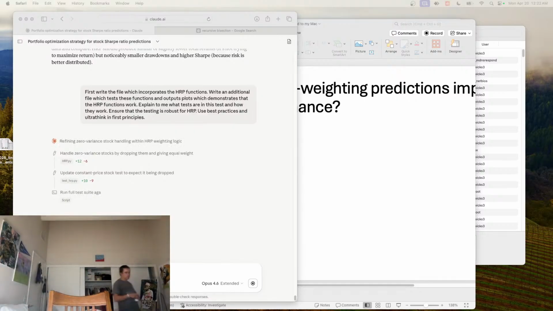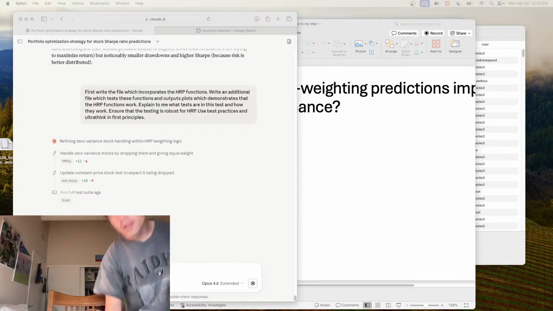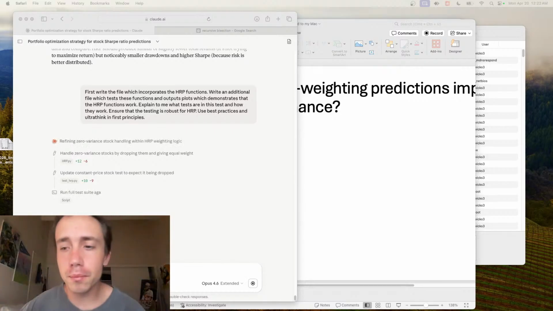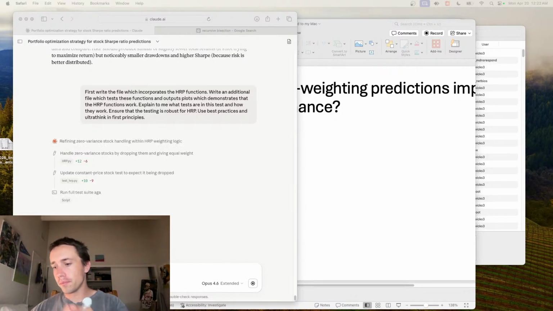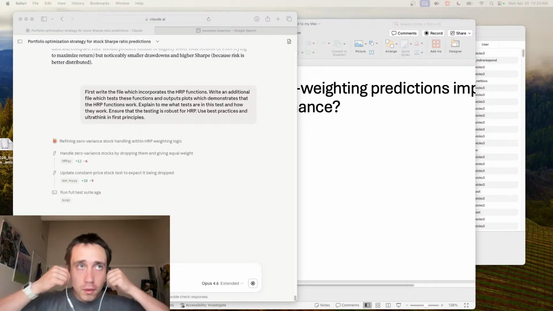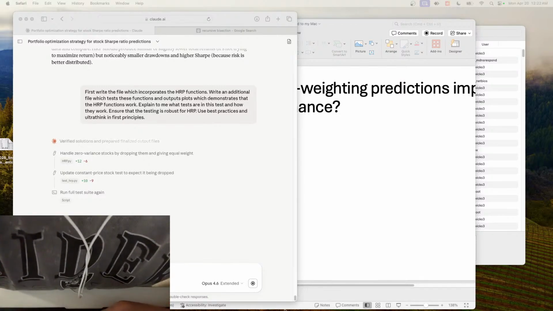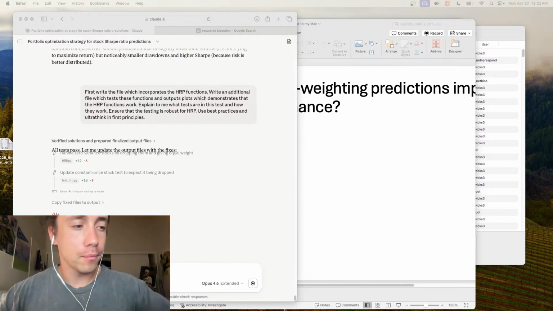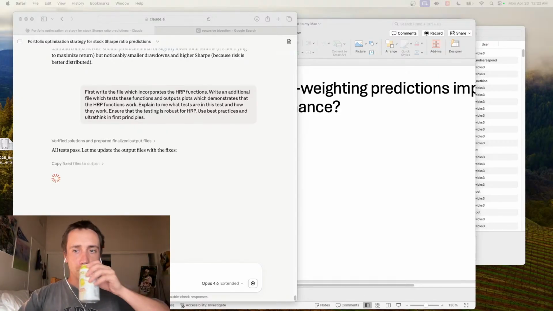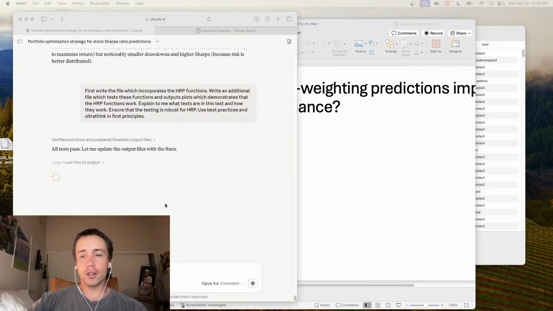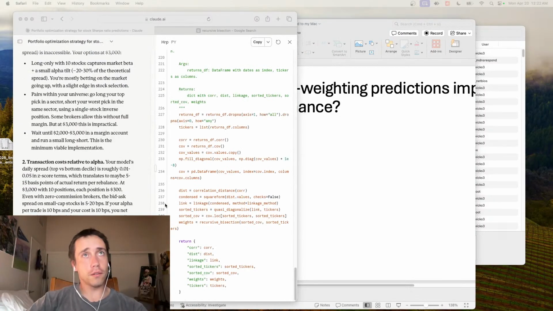Let's go back for old time's sake. All right. Man, this is going to use up a lot of the thinking I get from this model.